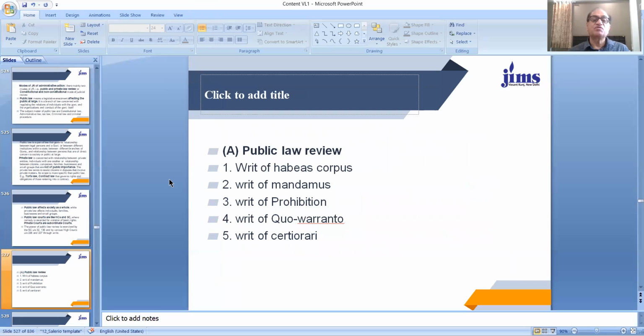So in public law review, we have again 5 categories of writs, which we have already learned in previous lectures, and its abbreviation, as you know, is HMPQC. H stands for writ of habeas corpus, M stands for writ of mandamus, P stands for writ of prohibition, Q stands for writ of quo warranto, and C stands for writ of certiorari.